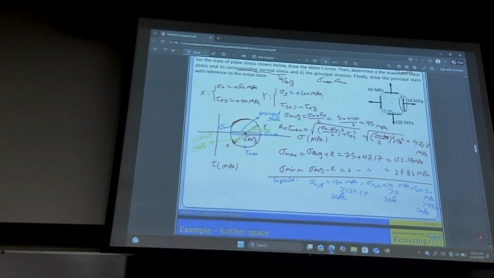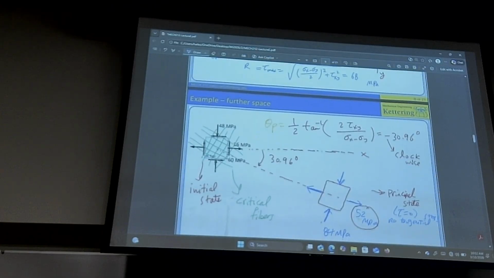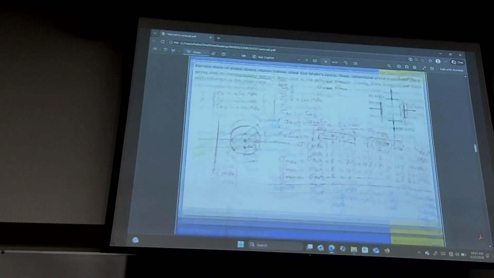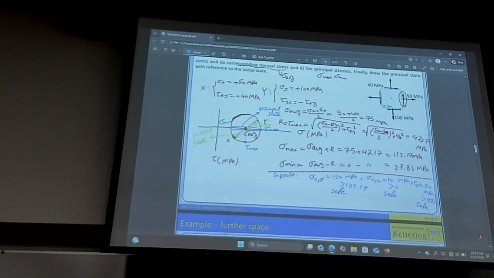All right, thirdly, the previous one that we did. Here, you see I circled it. All the stuff from X. Start from X and which one would you get? Sigma min then.